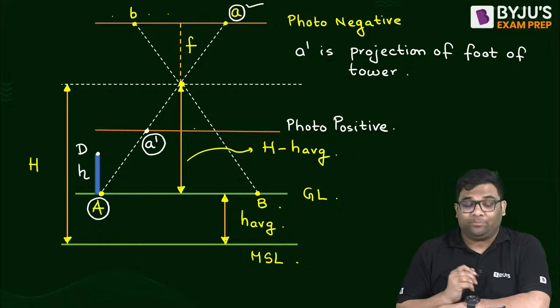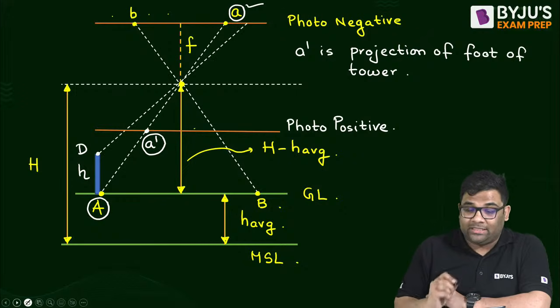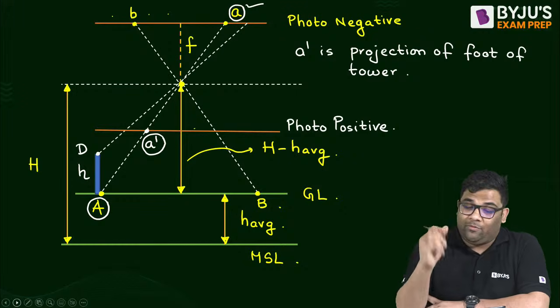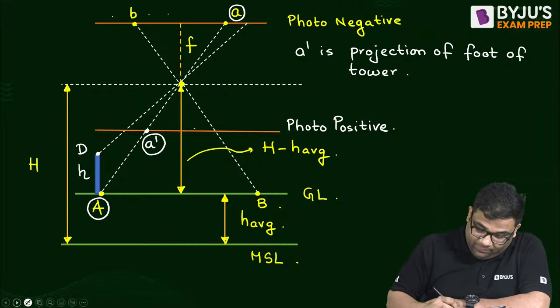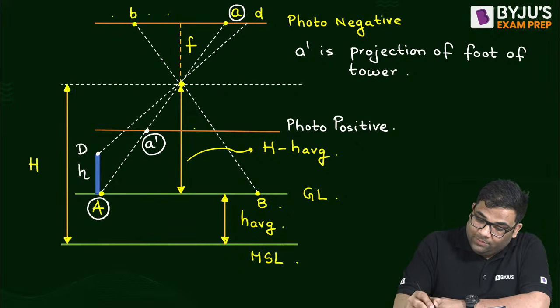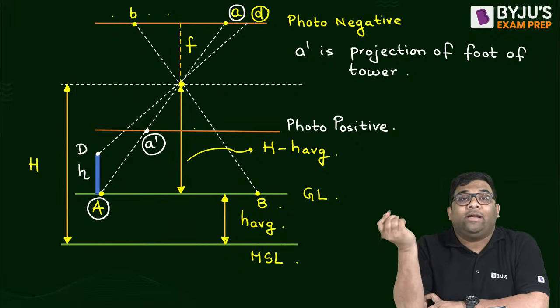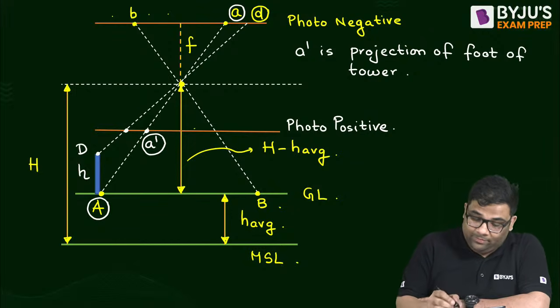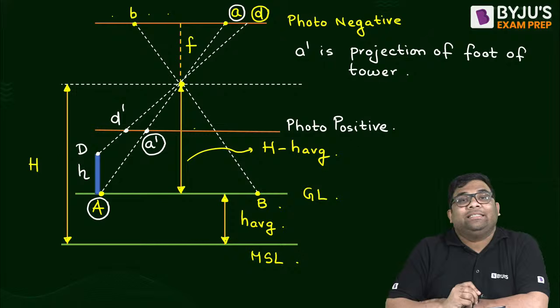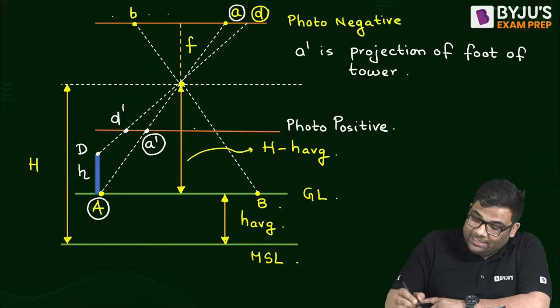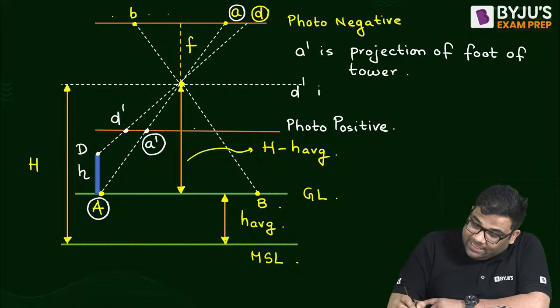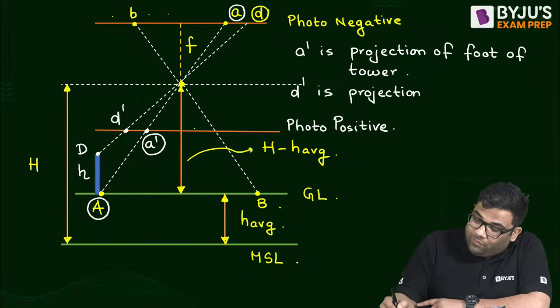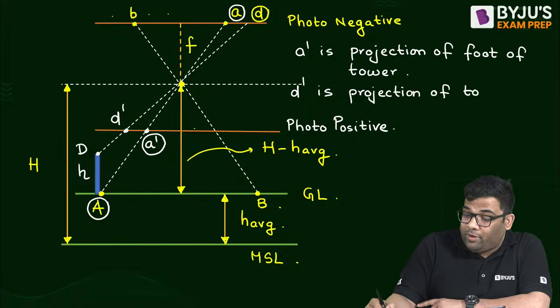Now see, I will have the projection of the top of the tower. So this will become small d on the photo negative. In the photo positive, this will become D dash. And what I can write about D dash? D dash is the projection of the top of the tower.